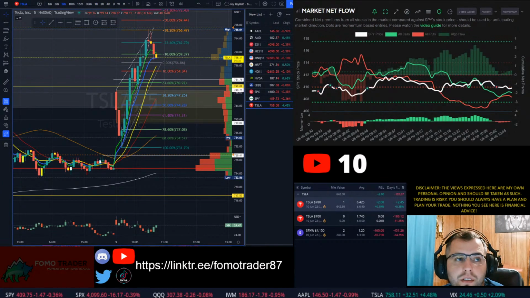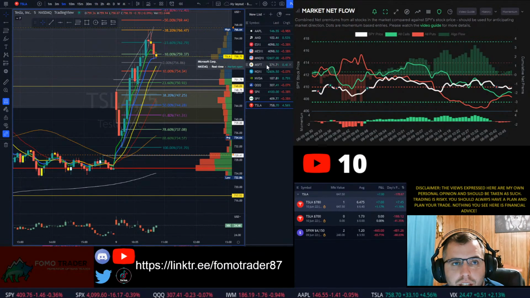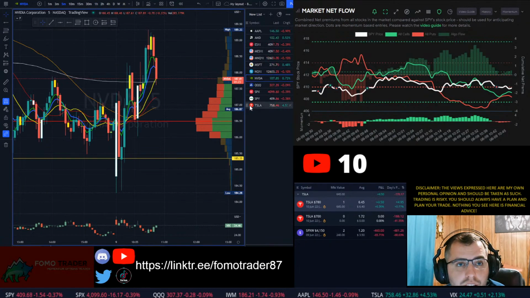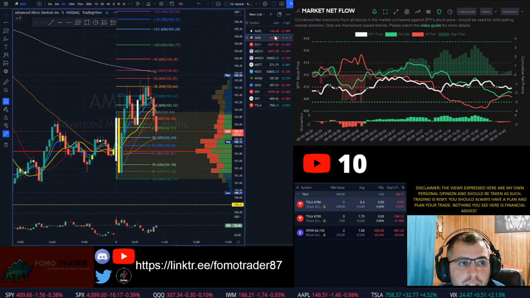It was about the only mega cap really doing okay so far. I mean, you do have Microsoft, which is a little bit green, but it is now selling off. NVDA is a little bit green, selling off. AMD is a little bit green, but also selling off.